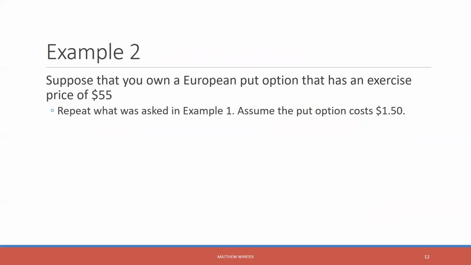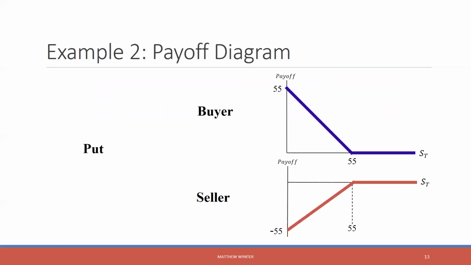Suppose you own a European put option that has an exercise price of $55 per share. Again, let's look across all these different possible payoffs that the stock price can land at and see what your payoff would be as a buyer versus a seller. What do you notice? When I'm buying the put option, it has a strike price of 55. Stocks are bound to 0. So suppose you buy the European put option and the stock tanks.